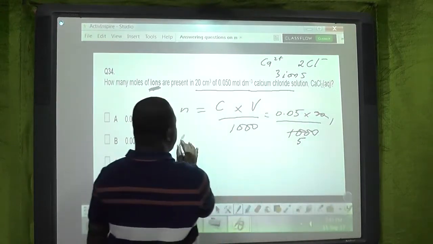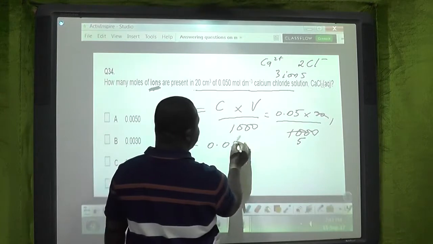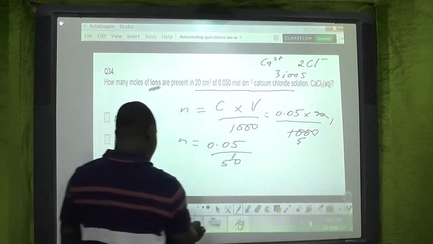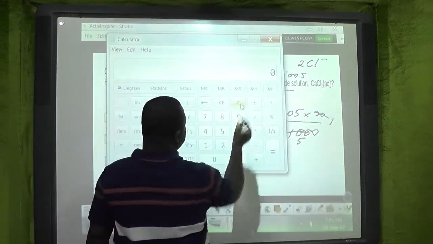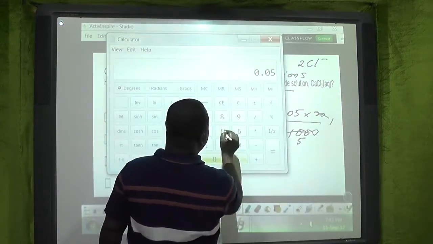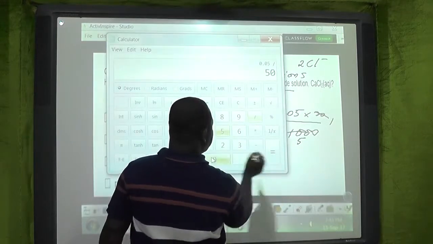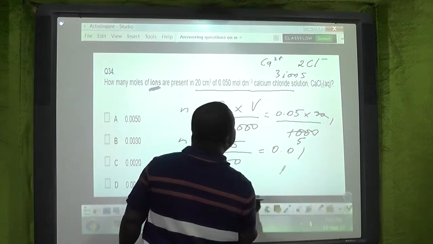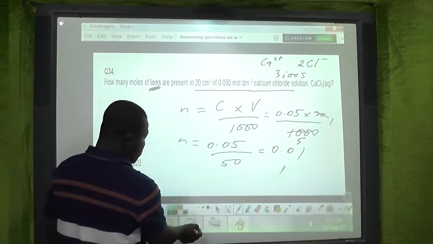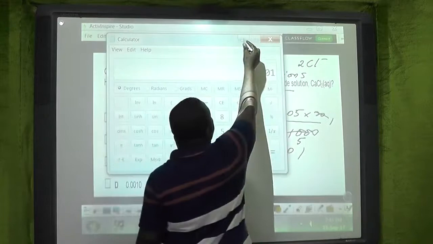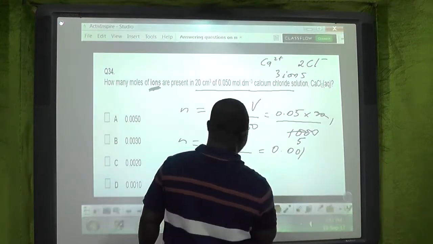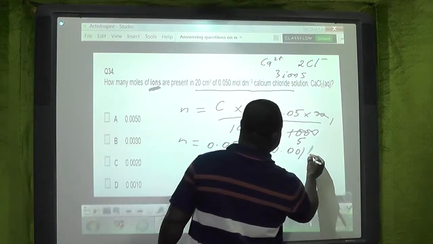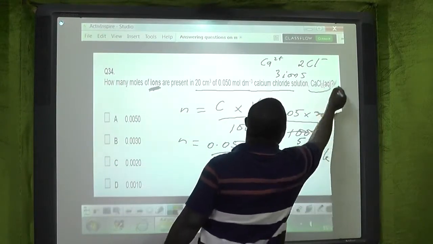So n is equal to 0.05 divided by 50, which equals 0.001 mole of the whole compound.